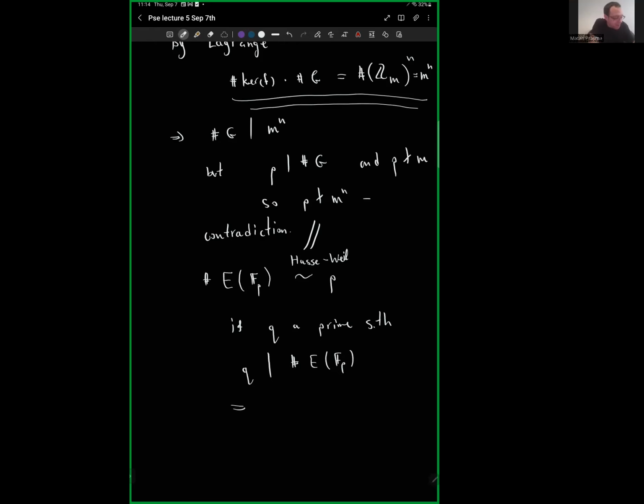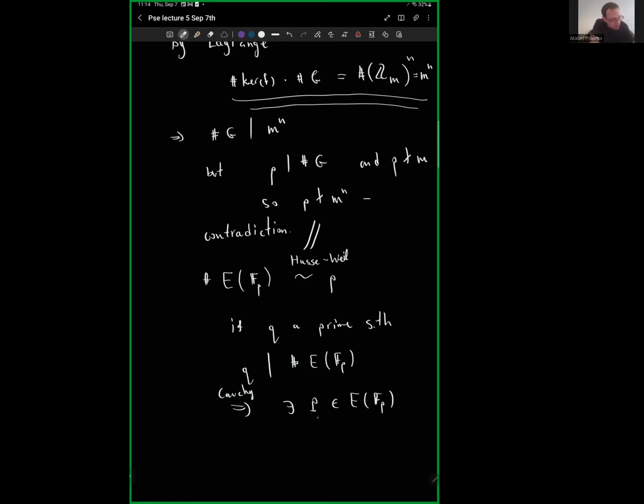then by Cauchy, it tells you that there exists an element. We usually denote the elements of an elliptic curve by capital letters, because they are like points. An elliptic curve is an abelian group denoted with additive notation.